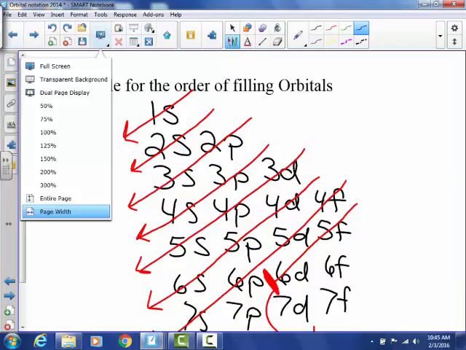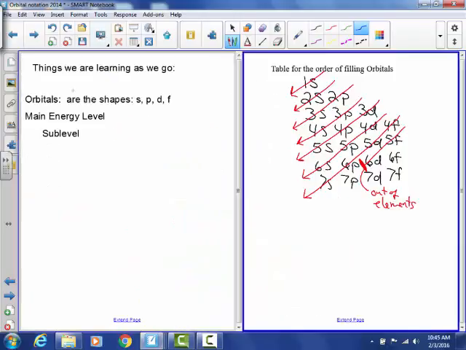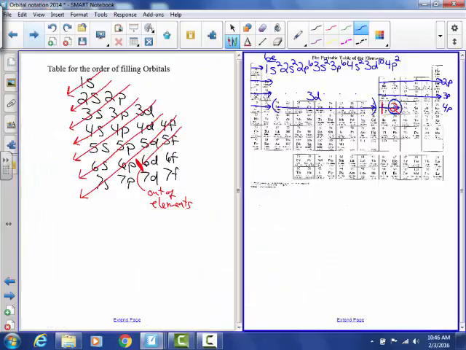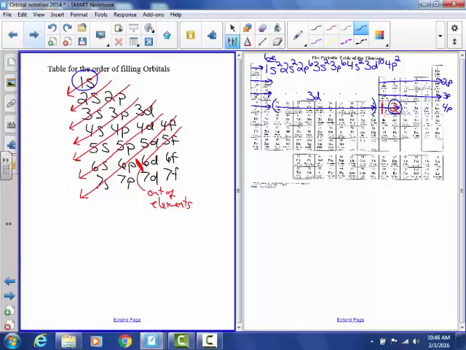Okay, so I just want to do one thing. Okay, if I display both of these pages at the same time, hopefully you can see this. Okay, where we filled the 1s, 2s, 2p. Then we went 3s and 3p.